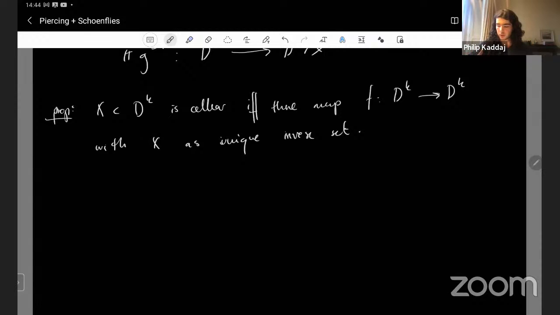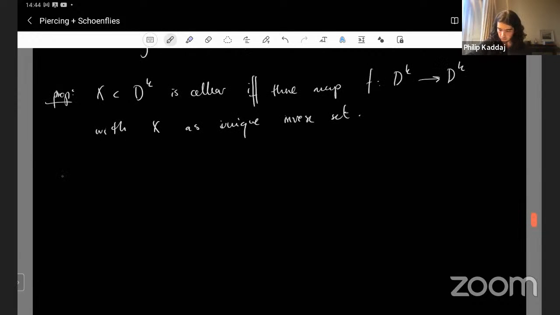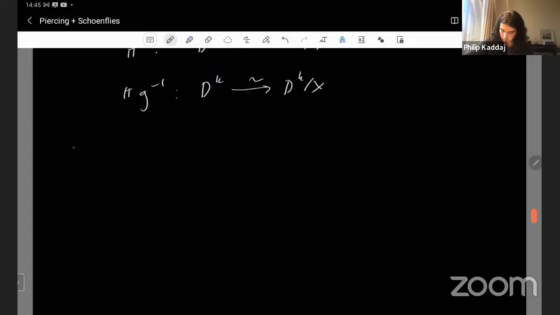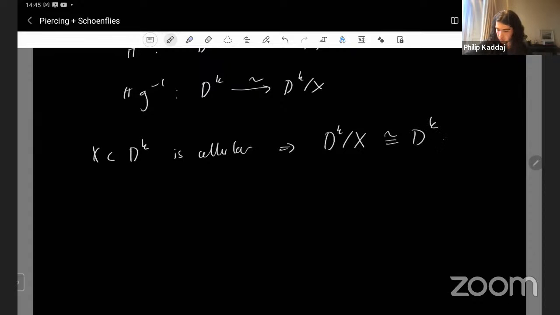I'm trying to show the other direction. Sorry, that's not what I'm trying to show. I'm trying to show the following, that if I collapse a cellular set X, the quotient is homeomorphic to the disk. That's what I'm trying to show.